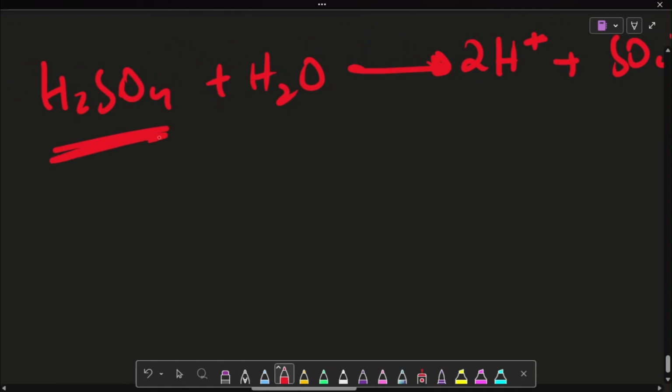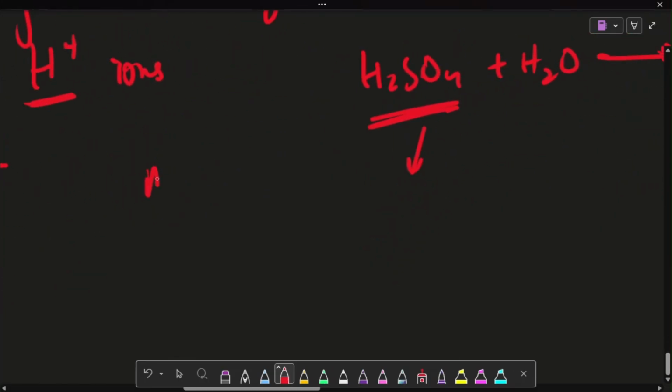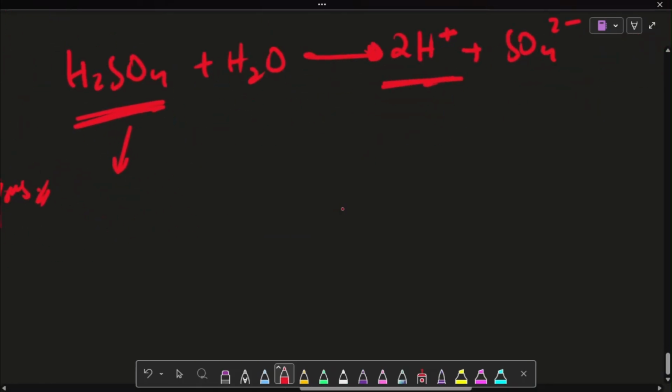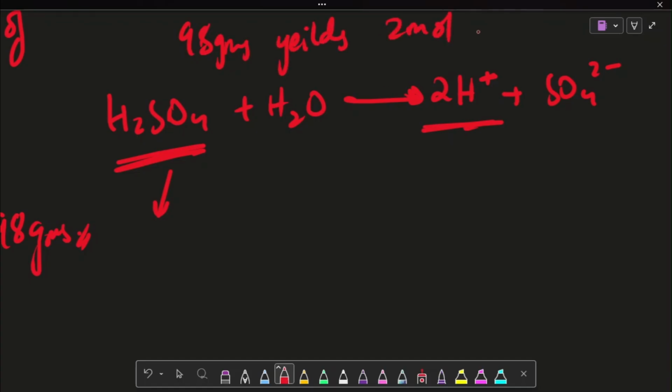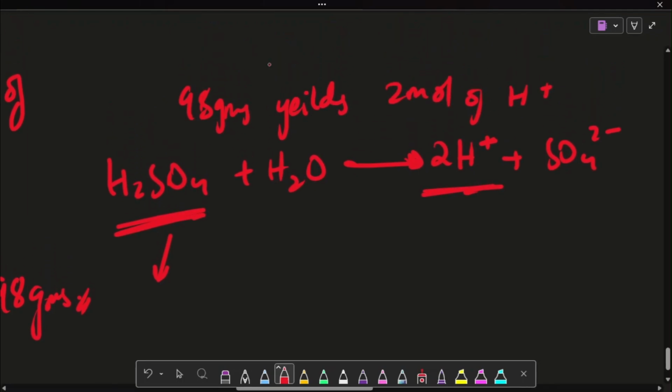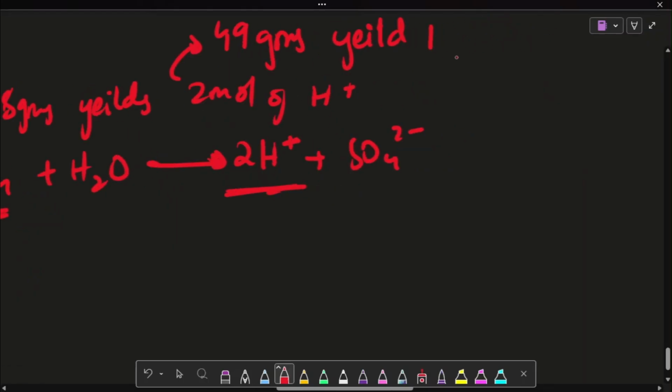For the equivalent weight, first let's just say the molar mass of H2SO4 would be 98 grams. 98 grams yields 2 moles of H plus, so then 49 grams yields 1 mole of H plus.